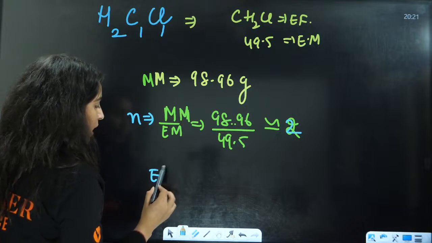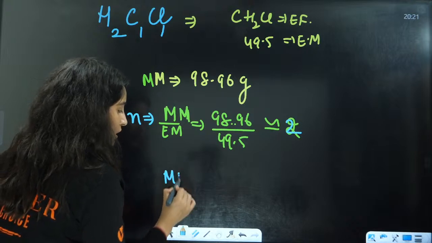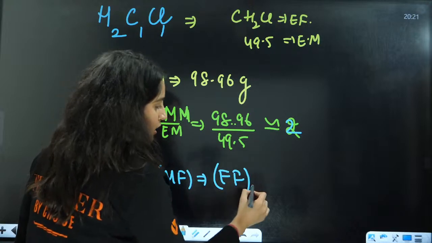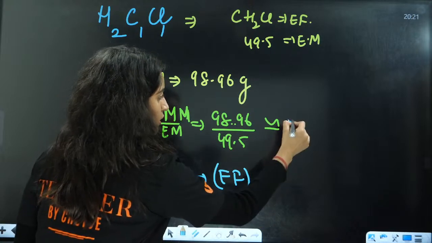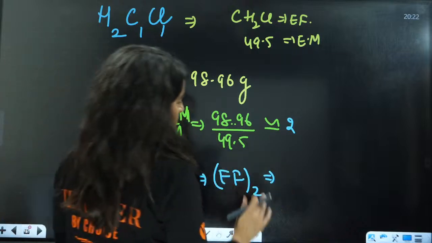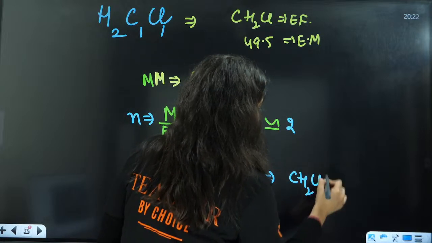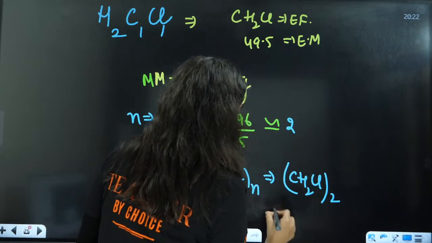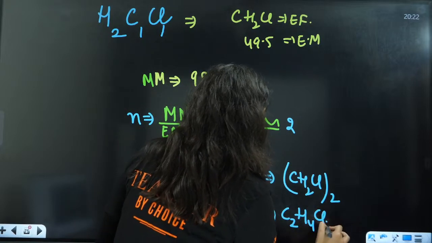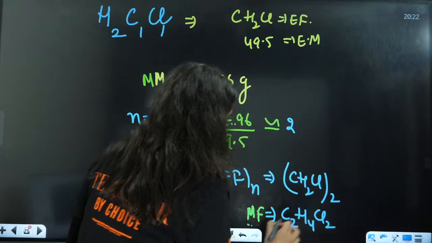So molecular formula equals n times the empirical formula, CH2Cl times 2. This is C2H4Cl2, your molecular formula.